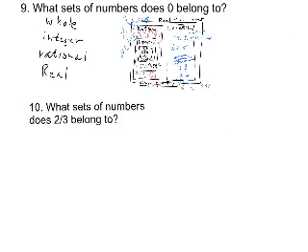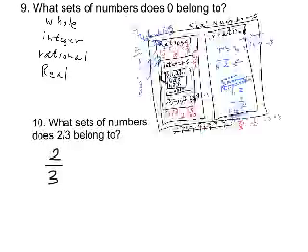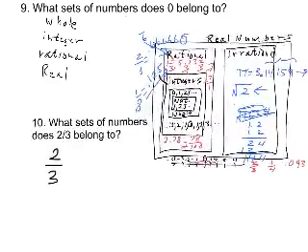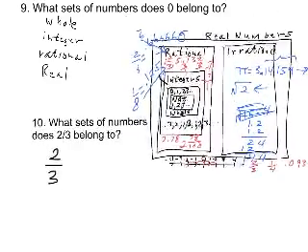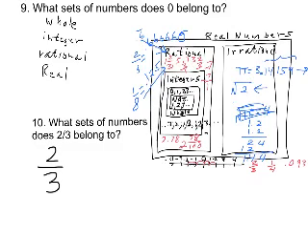Number 10, what sets of numbers does 2/3 belong to? Okay. Alright, well, let's look back at this thing. It doesn't belong to the natural numbers, those are the counting numbers.